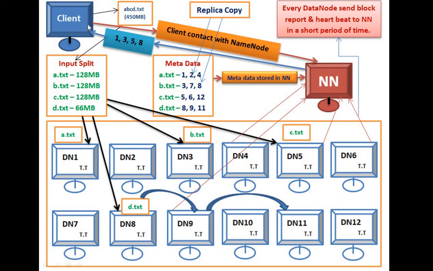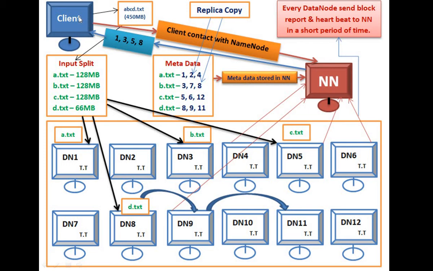Suppose there is a 450 MB file named abcd.txt, and a client wants to store this file onto HDFS. For storing on HDFS, he or she should store the data on DataNodes, because DataNodes store the actual data.